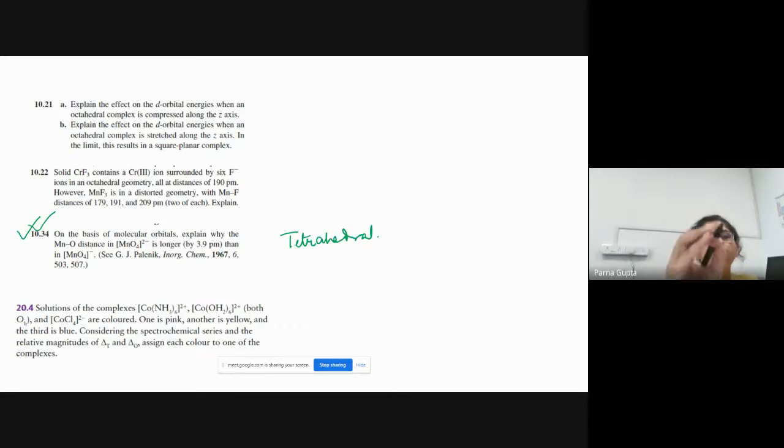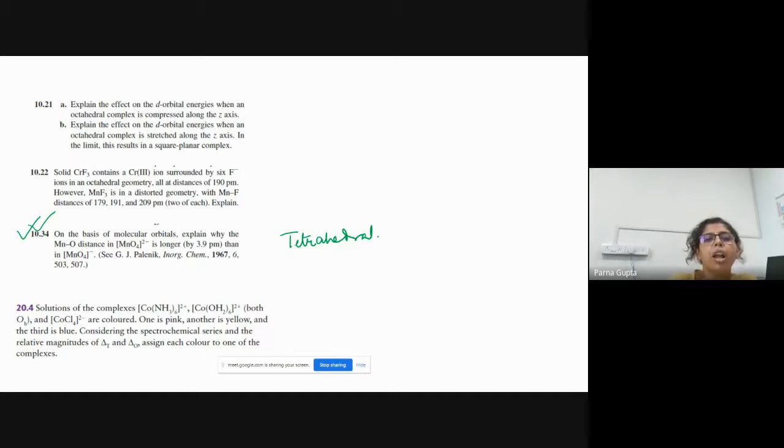What you have to look at is the number of ligands. The number of ligands is 4, so it is either square planar or tetrahedral. And I am telling you this is tetrahedral, whatever the case may be.